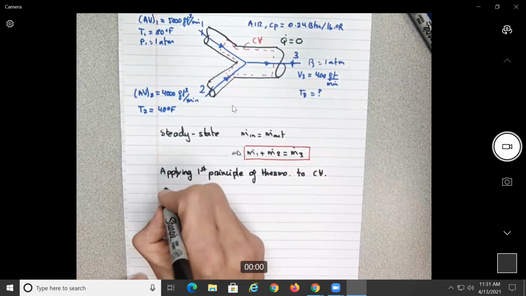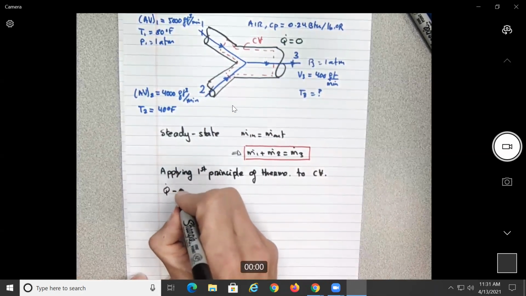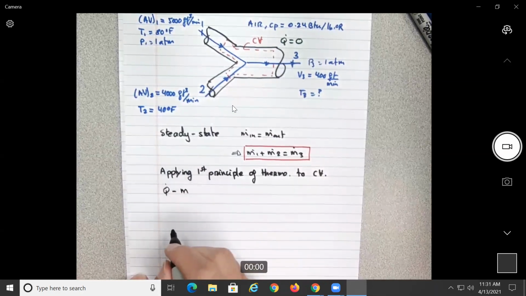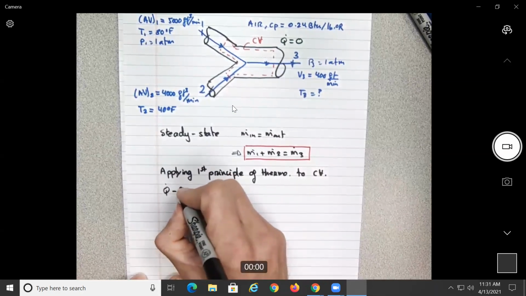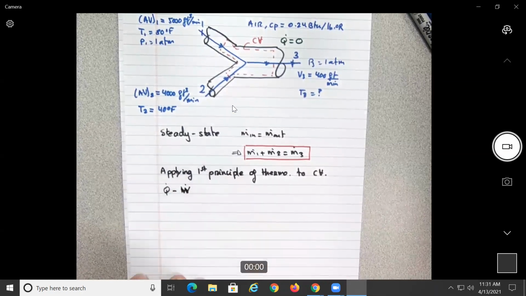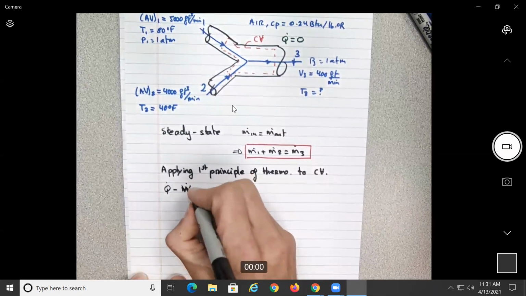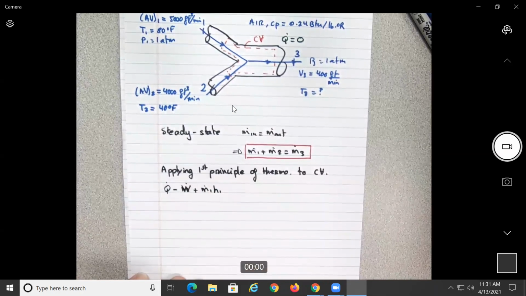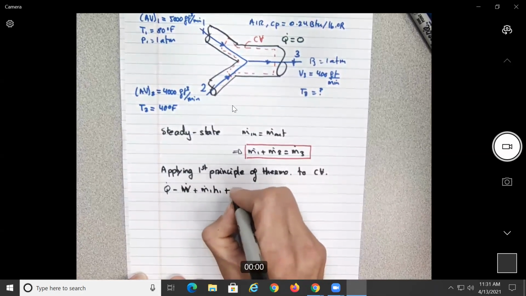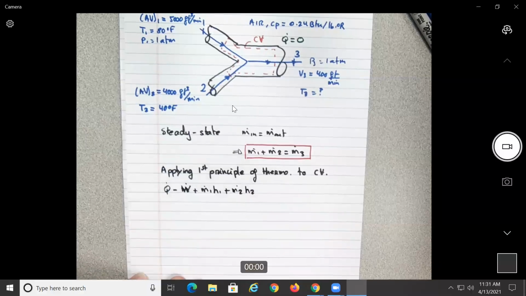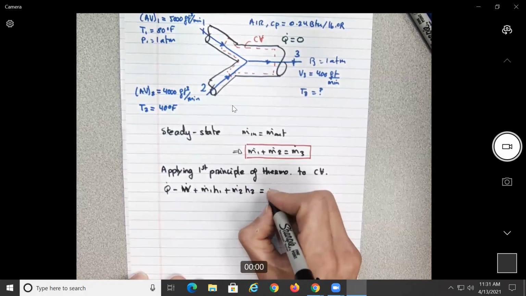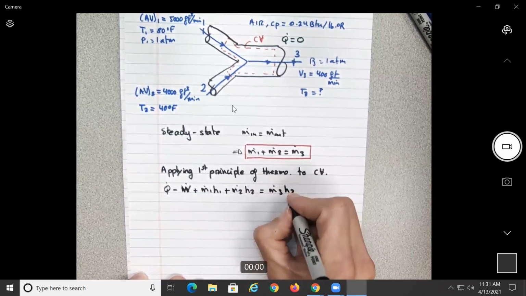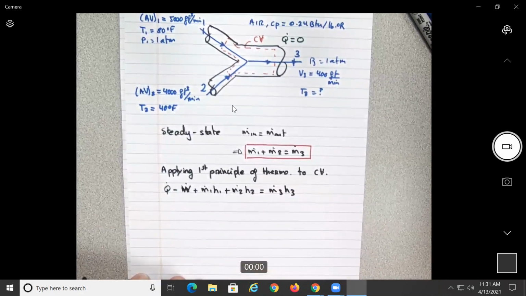What are we going to have? We have Q dot minus W dot, so heat minus power, plus whatever is coming in, which will be what? M1 H1 plus M2 H2. This is coming in, and should be equal to what? M3 H3.